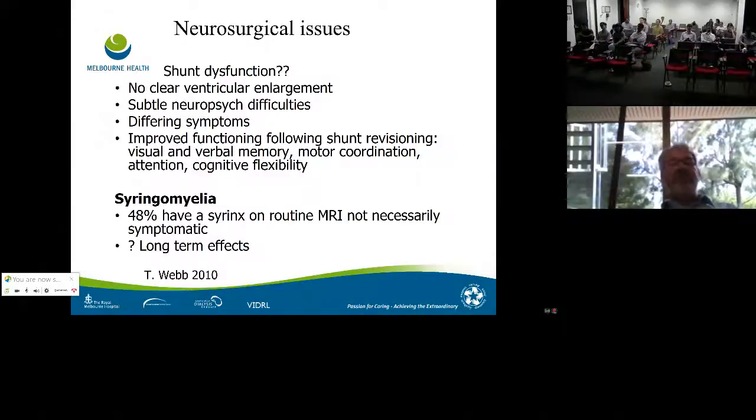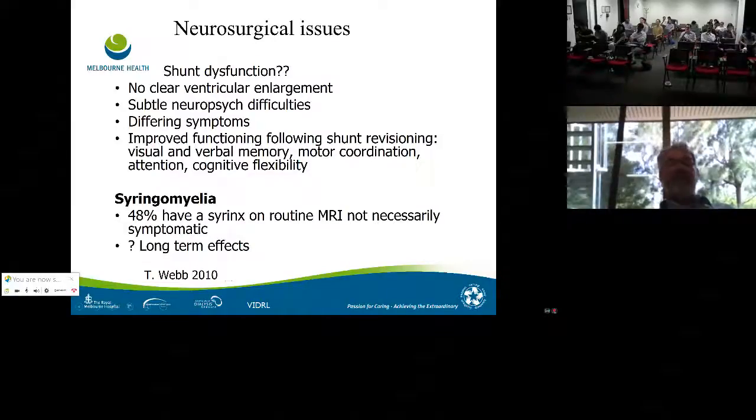But just because there is on a CT or an MRI a shunt that has broken down doesn't necessarily mean that it needs to be repaired. There have been a number of people that I've done MRIs for varying reasons, and found that they've had shunts that have not been functioning for 10 or 15 years. So don't immediately think they need revision.